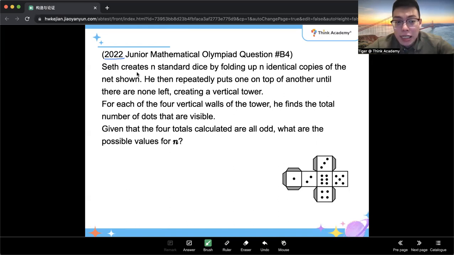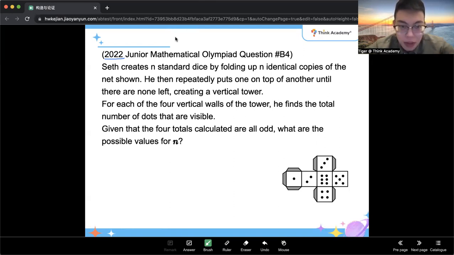And then it says that Seth creates n standard dice by folding up n identical copies of the net shown, which doesn't really matter because it's a standard die, right? Which means that all the opposite faces are going to add up to 7. So given or not given the net, it doesn't really matter.